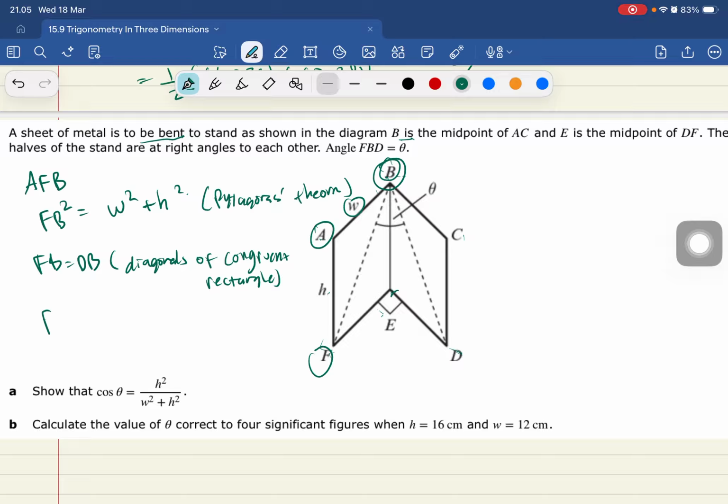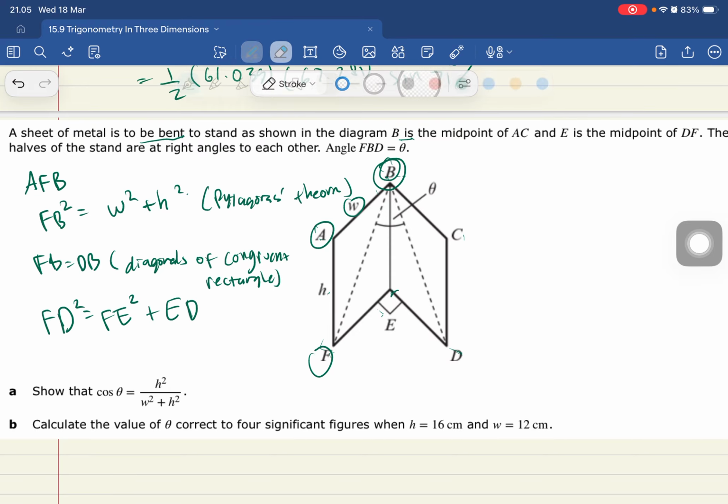So if we find FD square, we can just make it FE square plus ED square. So this is going to be W square plus W square. So FD square, we got 2W square.